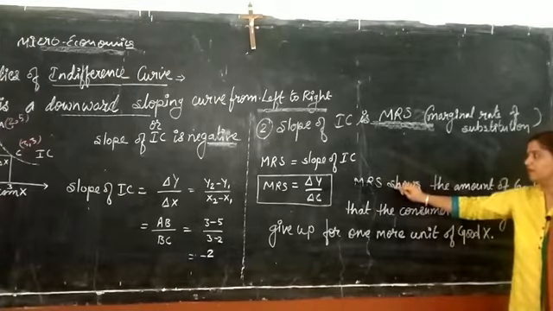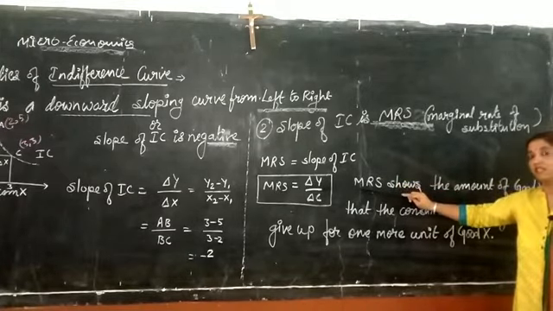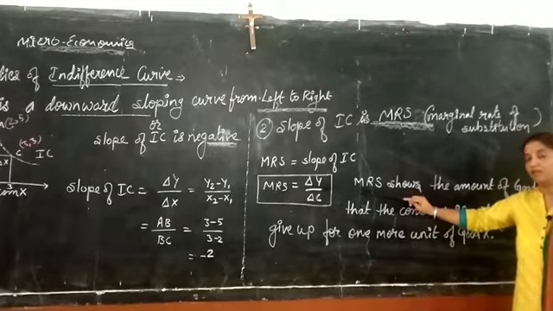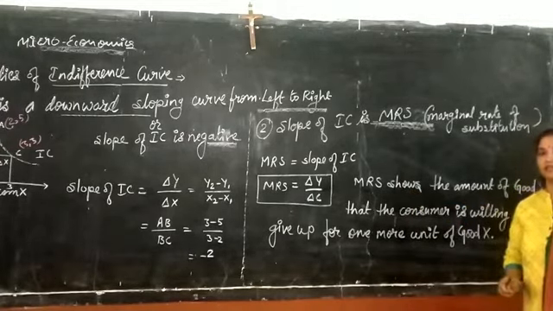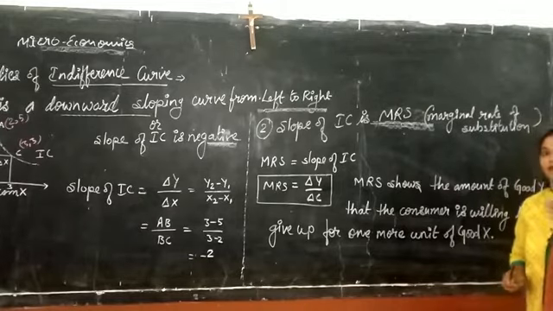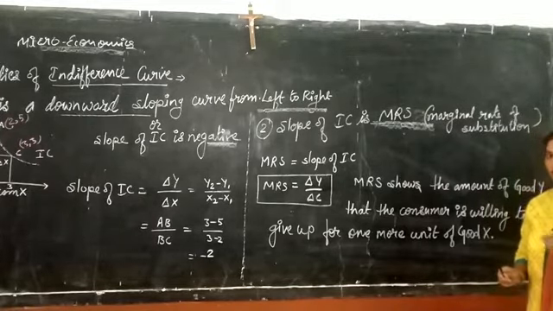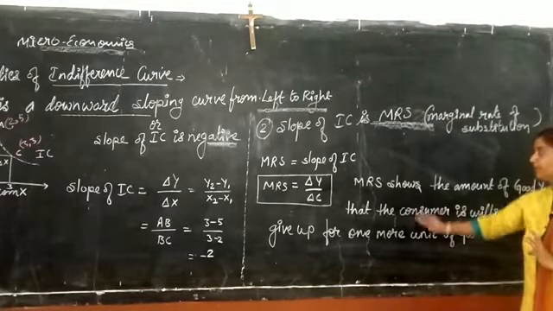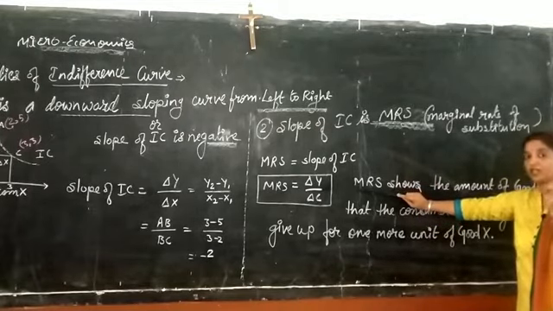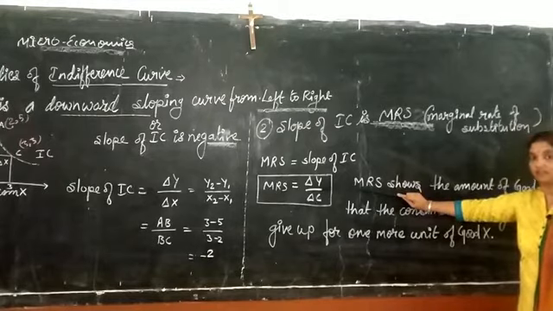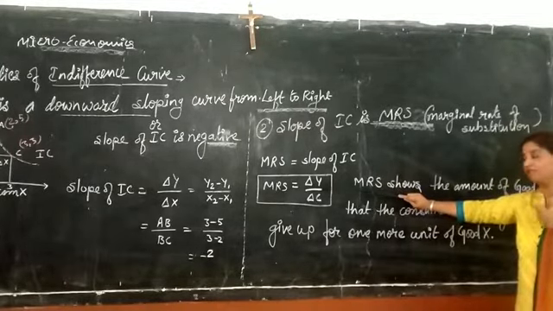Wherever in any term there is the word marginal, it means we are increasing any commodity, any consumption, any production, any utility by 1 unit. Understand that marginal means change by increasing by 1 unit or decreasing by 1 unit.